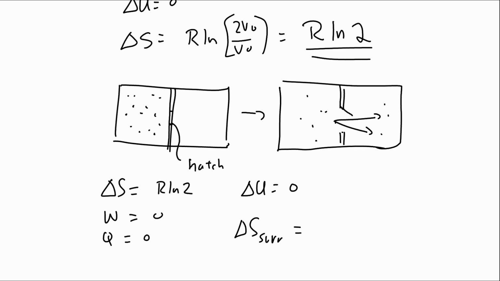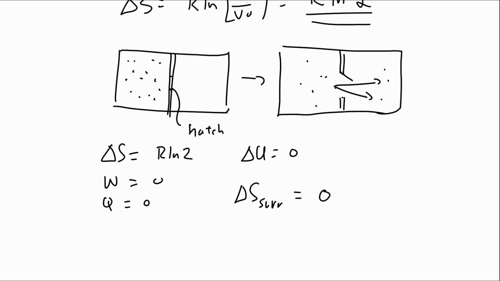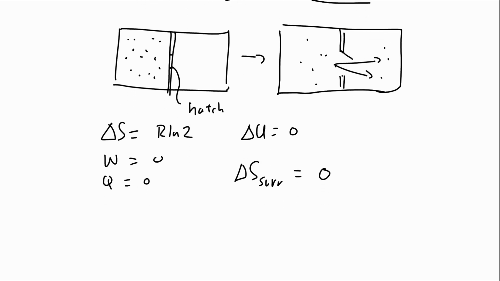So the surroundings delta S was negative for the reversible one, but here it's 0 because no heat had to go in. And so this is the most irreversible possible expansion you could do, because delta S of the universe was delta S, which is always R log 2, right? For this process, doubling the volume, isothermal, it's always that R log 2.